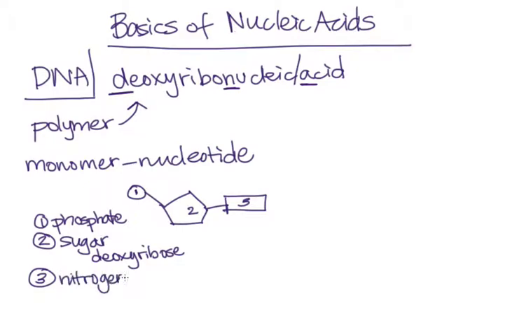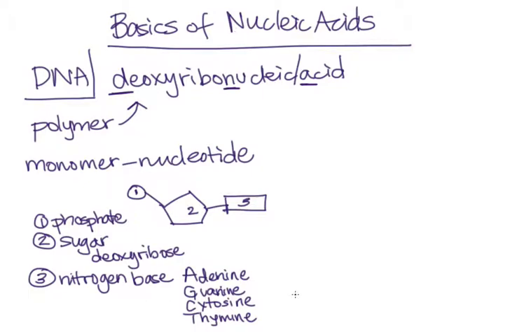We learned about Chargaff and Chargaff's ratios. He was looking at the nitrogen bases: adenine, guanine, cytosine, and thymine. Eventually we do need to know all the different names of them, so go ahead and write those down. Those are the 4 nitrogen bases found in DNA.